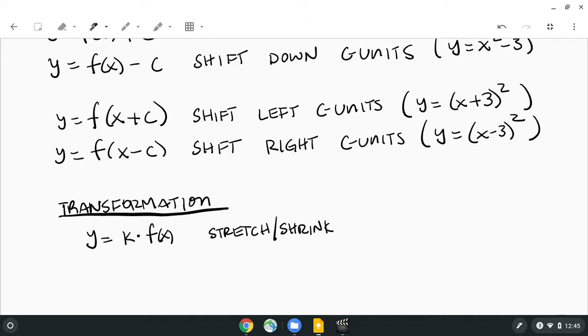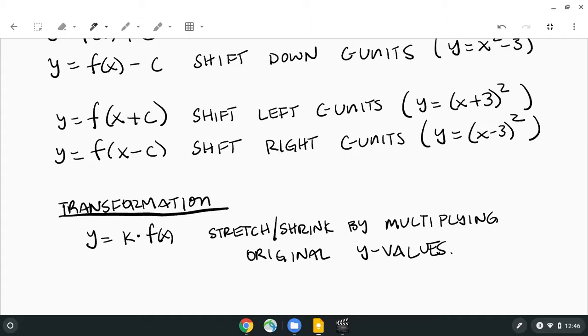Okay. And what happens here is you're multiplying the original y values. Okay, so again, maybe you have something that looks like this. y equals, and let's just use the x squared function.